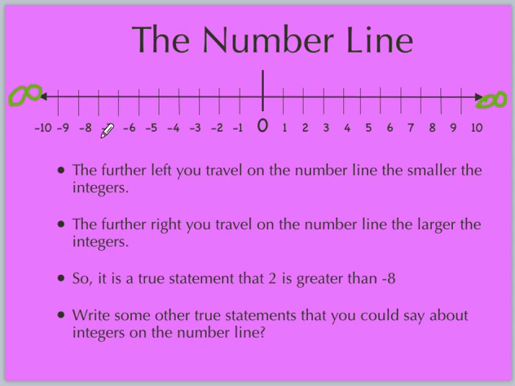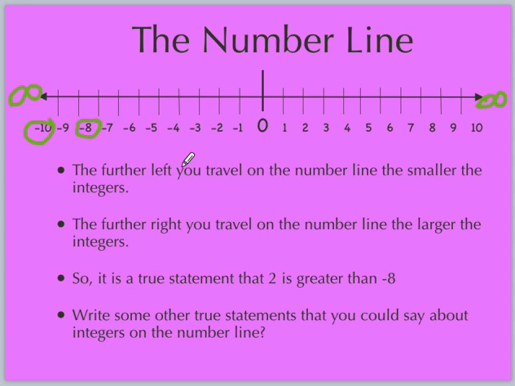So the farther left you travel on the number line, the smaller the integer is. That means if you compare negative 10 and negative 8, negative 8 is smaller in absolute value, but it is bigger in value compared to negative 10.